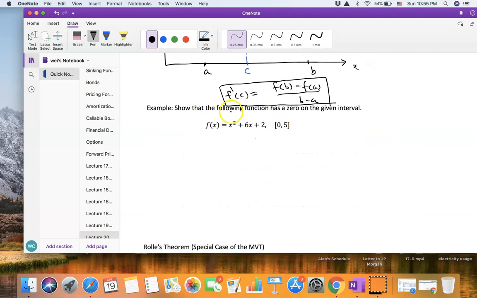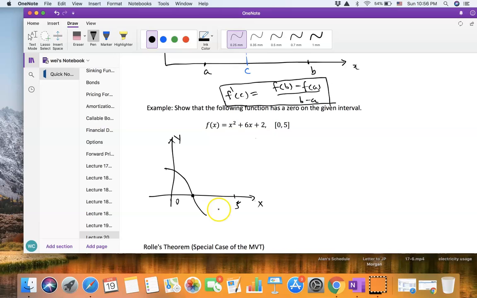Because to show that the function has a zero, all we need to do is show that the graph of this function passes the x-axis between 0 and 5, right? Because if the graph intersects the x-axis, then this x-intercept will be the zero, right?